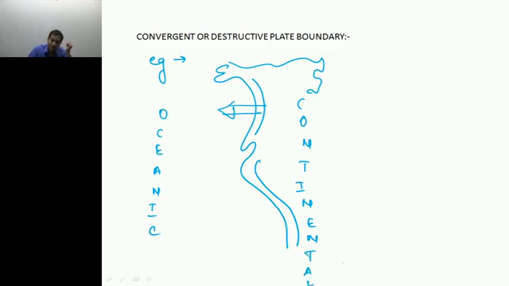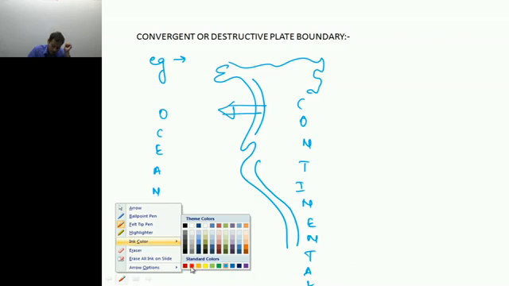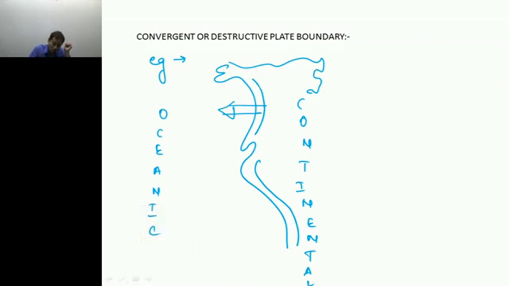And hence there is a going below of the oceanic plate below the continental plate, and therefore these are the earthquake and volcanic prone regions of the world. There are numerous volcanic eruptions here. Also they have a parallel trench, for example the Peruvian trench here. What does the Peruvian trench show? That the oceanic plate is going below the continental plate.